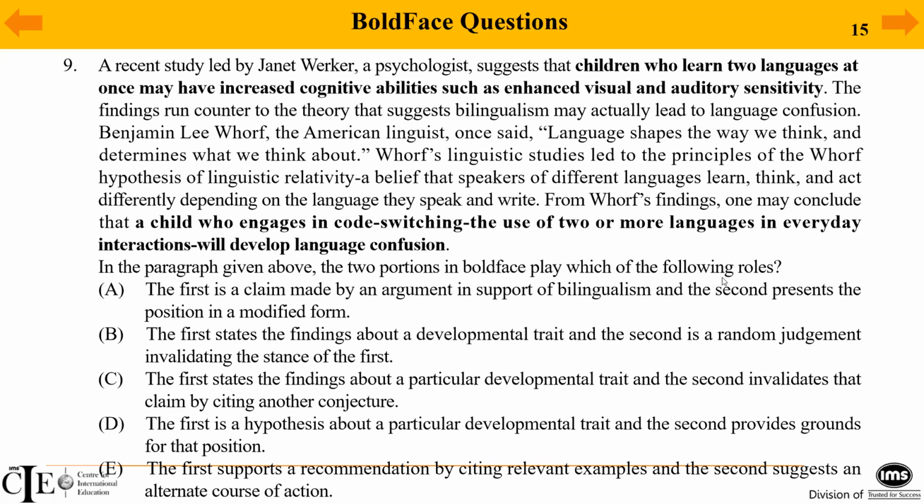Whorf's linguistic studies led to the principles of the Whorf hypothesis of linguistic relativity, a belief that speakers of different languages learn, think, and act differently depending on the language they speak and write. From Whorf's findings, one may conclude that a child who engages in code switching, the use of two or more languages in everyday interactions, will develop language confusion.